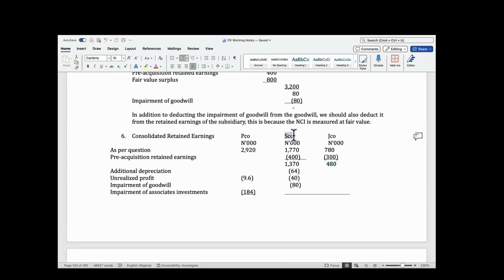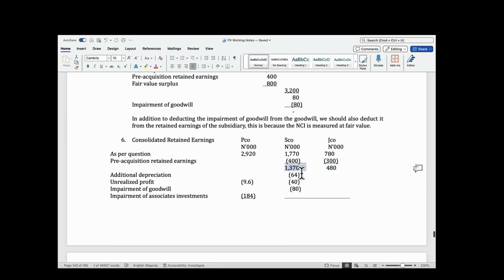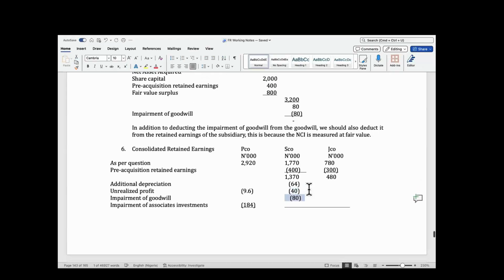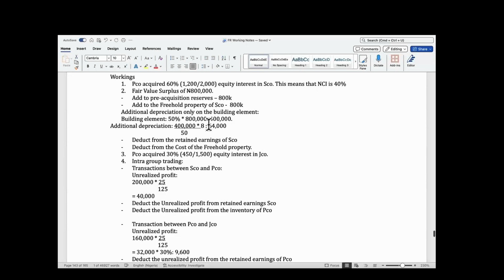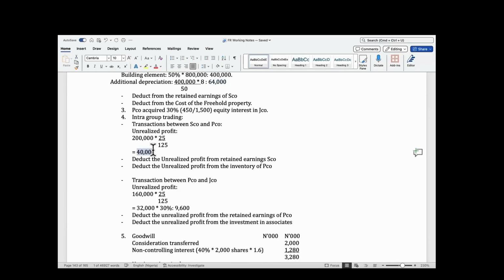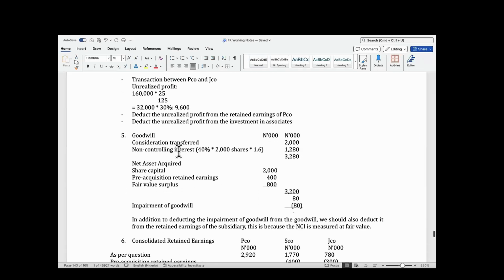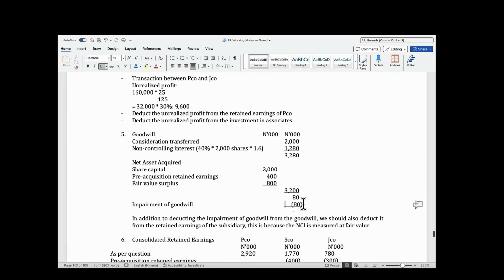Now, for the subsidiary, before we share, there are some adjustments that we have made to these profits, like the depreciation that has not been charged of 64 that we computed up there. We need to remove it. Like the unrealized profit, the profit he made from selling to the parent of 40, we need to remove it. And the impairment of the goodwill, we need to remove them. So this is the depreciation, this is the unrealized profits, and this is the impairment loss.